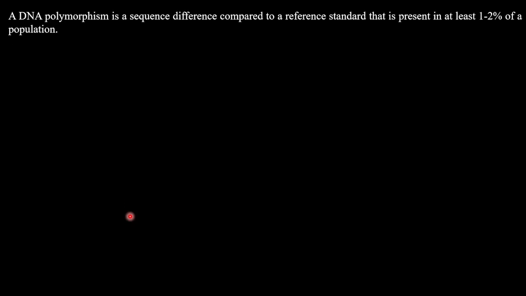Now we are talking about DNA polymorphism, which is a narrower term than genetic polymorphism because it includes only the DNA sequence. Now, what is the difference between DNA polymorphism and mutation? DNA polymorphism you can find in approximately 1 to 2% of the population. If it is less than that, then this is not polymorphism.